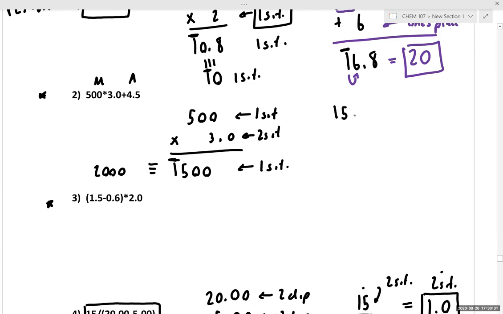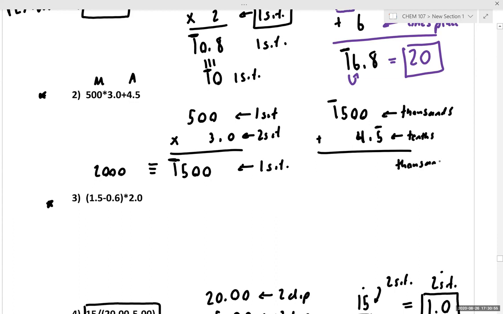So with our 1,500 in hand, which has a number in the thousands place, if we're adding 4.5, which has its last reported significant digit in the tenths place, we're going to round to the nearest thousand.